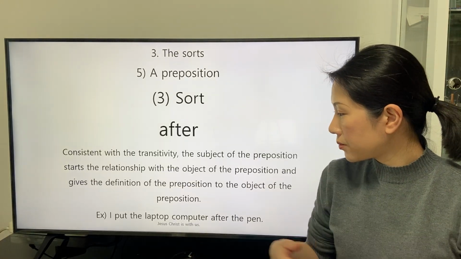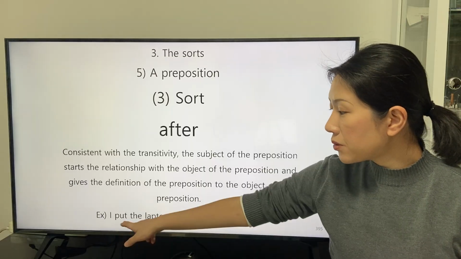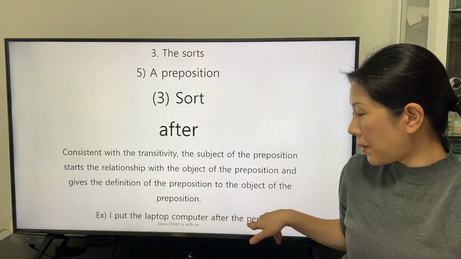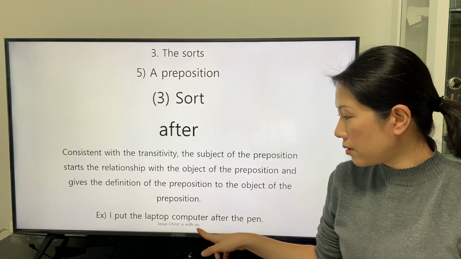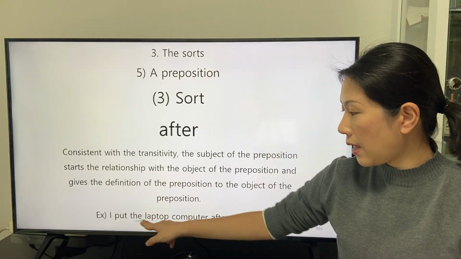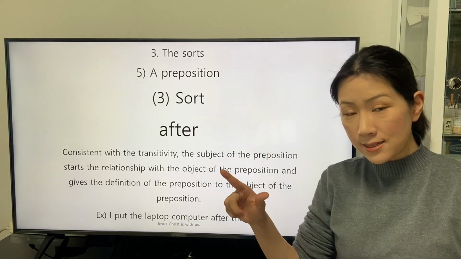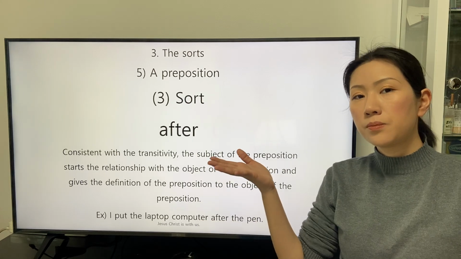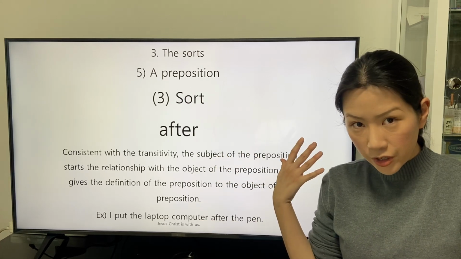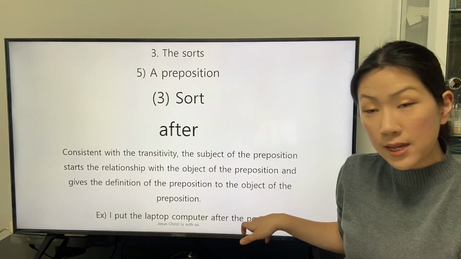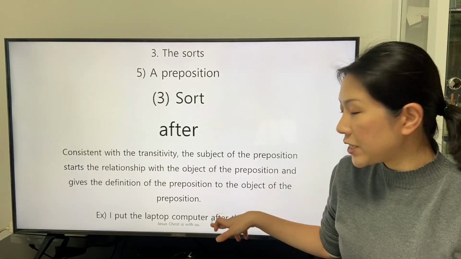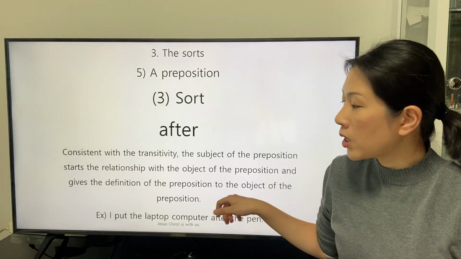There is a clause, I put the laptop computer after the pen. So we can understand that the laptop computer exists later than the object, the pen, according to the definition of the preposition after.